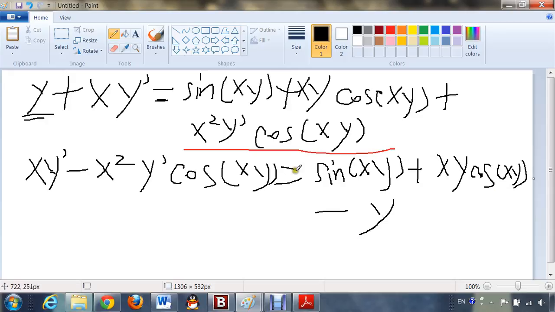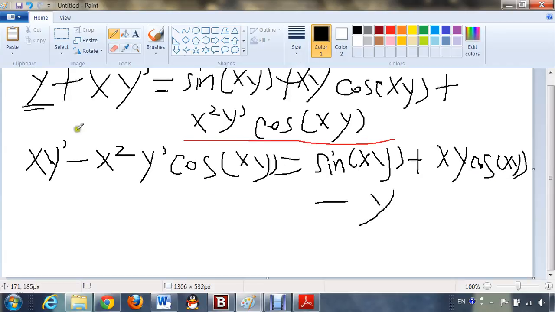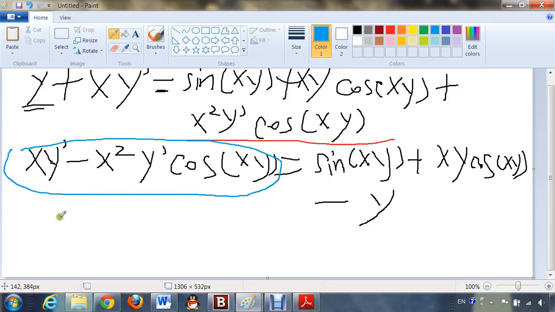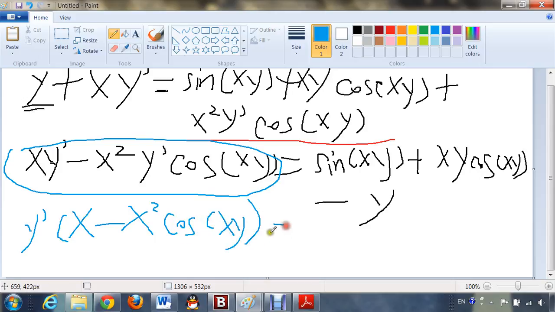Okay, so same thing as before, we want to isolate y prime from everything else. If we look at this portion where y prime is, we are able to factor out y prime, so we get y prime times the quantity x minus x squared cosine xy, and the right side of the equation stays the same, sine xy and so on, all the way to minus y.